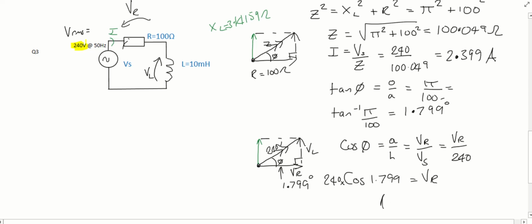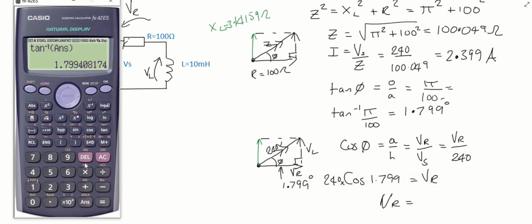If you put it in a calculator, cos, bracket, equals, and then times it by 240, that should give us the answer: 239.88.